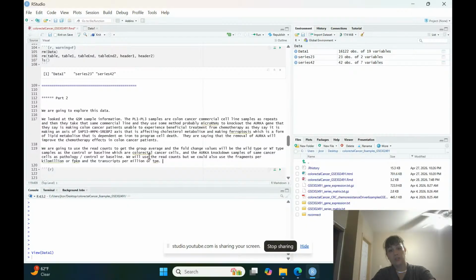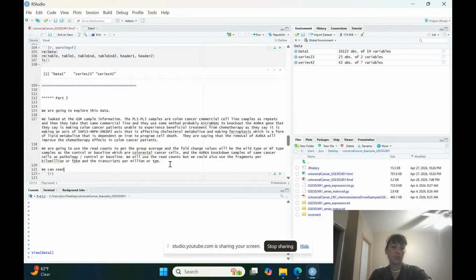All right, so this should be pretty easy. And so we could just compare it, and then we'll get our top genes. And we should just search right away to see if we see the AURKA ones.